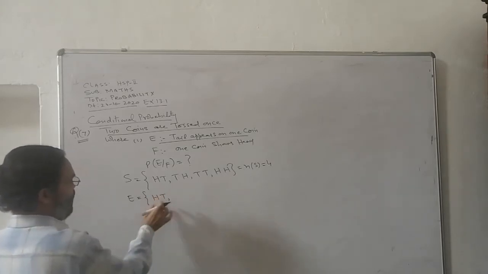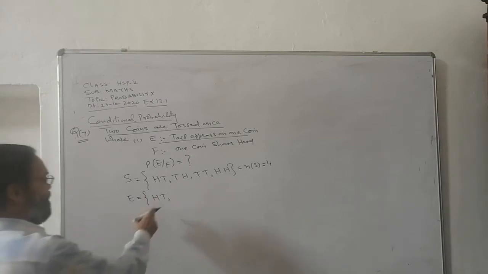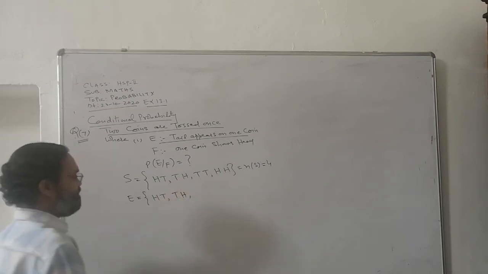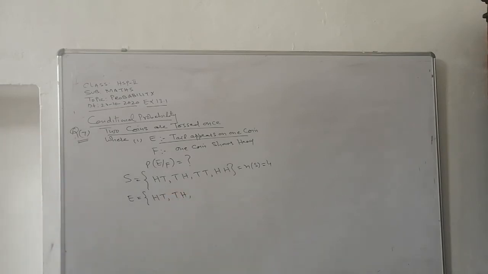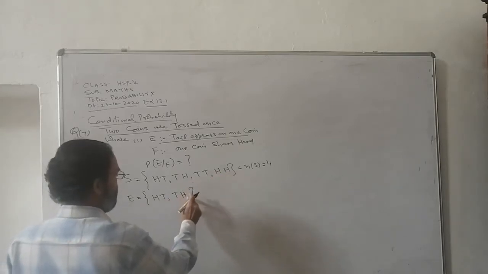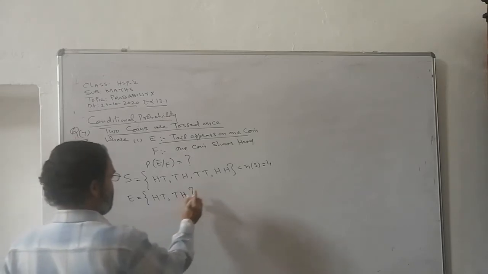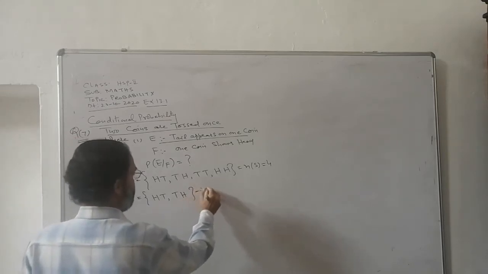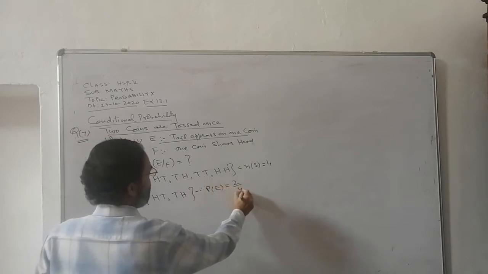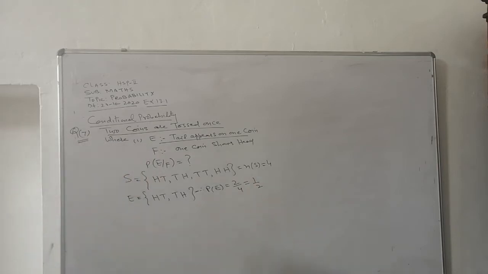This is a point where tail is appearing, and the other favorable point is tail-head. The other two points cannot be included. So favorable points are 2. So probability of E is favorable points over total points, that is 1 upon 2.